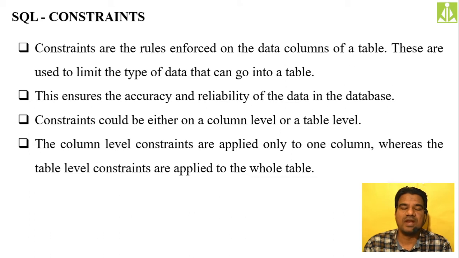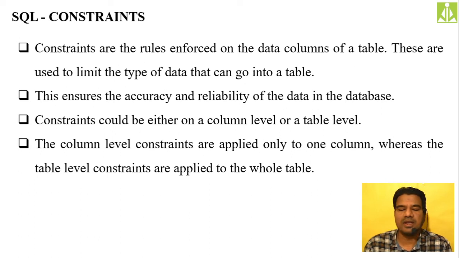So whenever you try to enter some customer details whose age is below 18 years, automatically your table will not accept that record as an entry into it. So to achieve this thing, we are going for this SQL constraint.